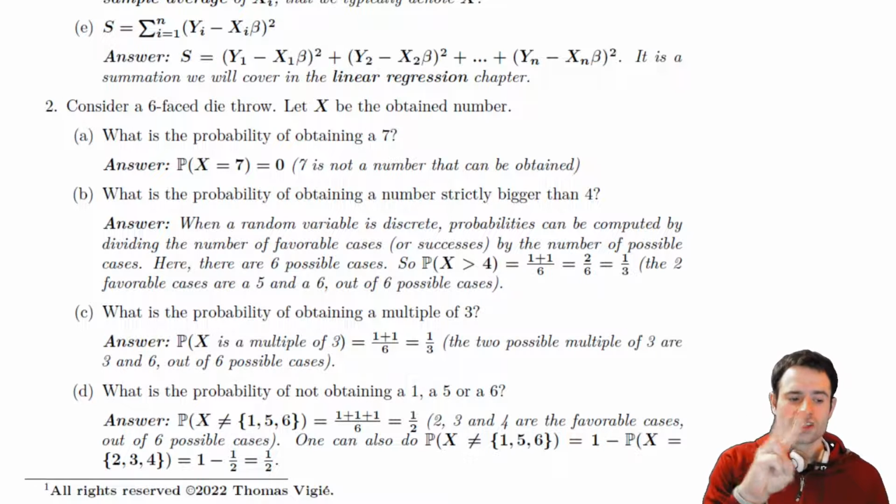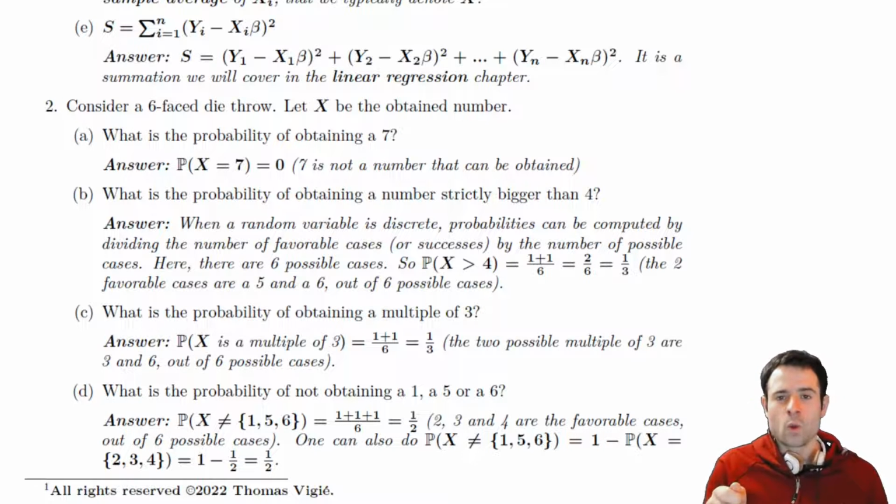So there are 2 successes, 2 cases where we will say, yes, this is bigger than 4, divided by all the possible outcomes I can get, and there are 6 of them. So 1/6 plus 1/6 will be equal to 1/3. There is a 33.33333% chance that I will get a number strictly bigger than 4.